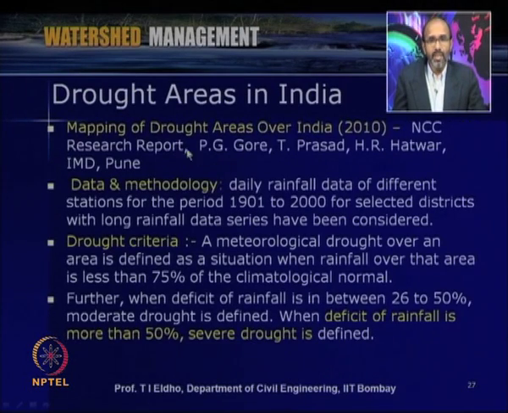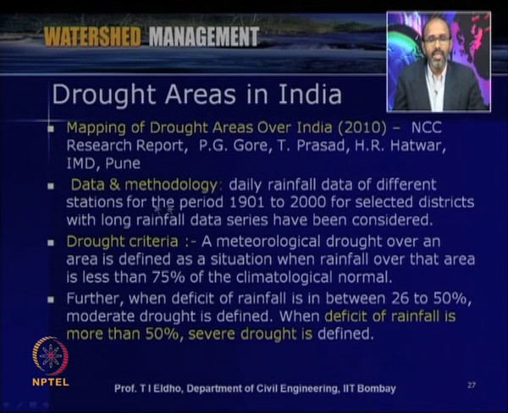Another drought assessment was done in the National Climate Change Research Report by PG Gore, T. Prasad and HR Hathwar, Indian Meteorology Department, Pune, published in 2010, on mapping of drought areas over India.